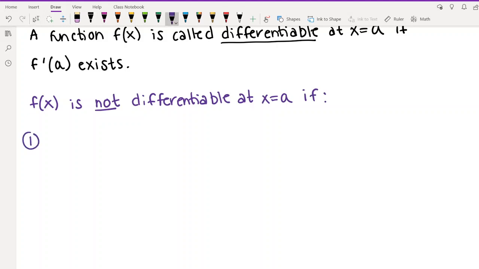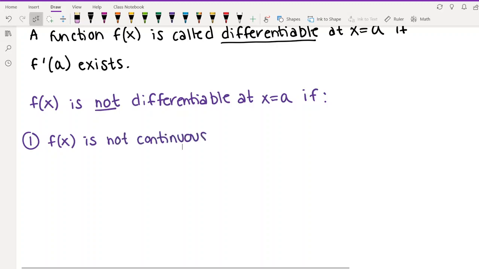The first one is that it's not differentiable at a if f of x is not continuous at x equals a. And the situations that we'll most likely see for this would be things like a hole or a vertical asymptote, things like that.